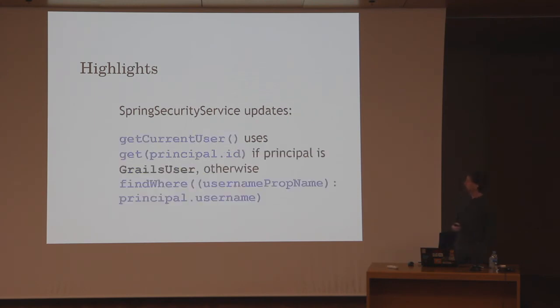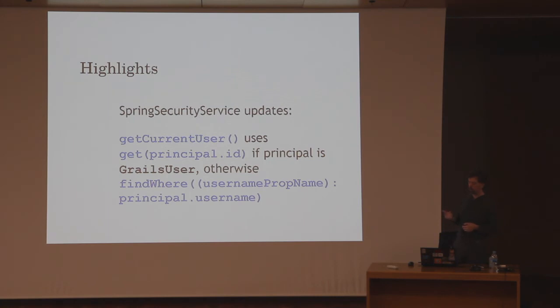So getCurrentUser is a weird thing. It's a bit misused. Let me talk about that in a second. But originally what it did was it assumed that the principal, which is the data object that represents who you are, is a Grails user, which extends the Spring Security user.